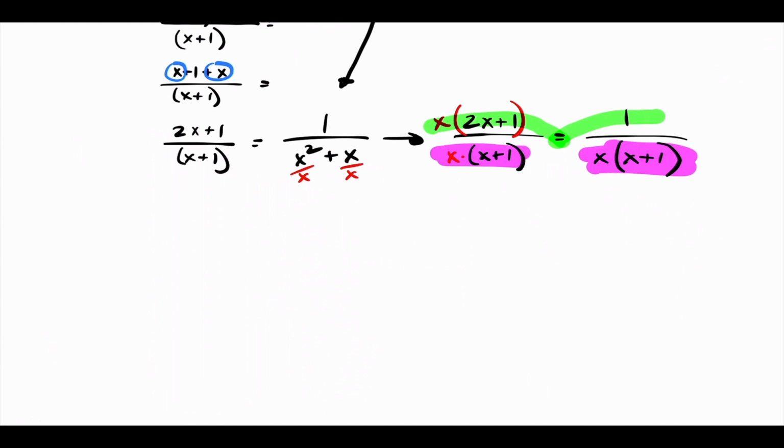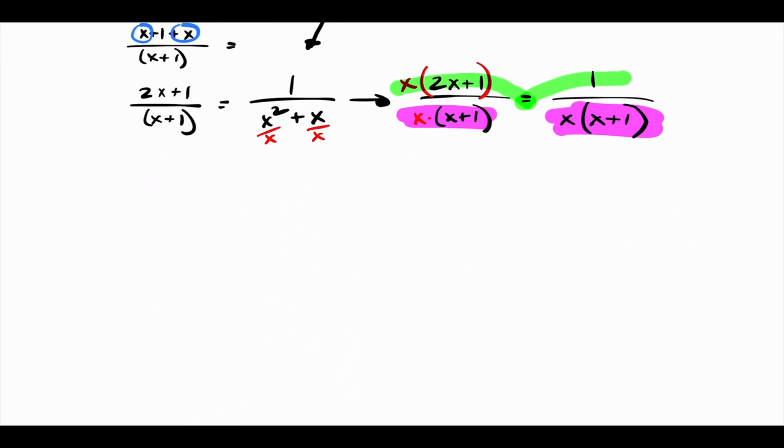Okay, so now let me write the denominator. X, 2x plus 1 equals 1. That's the top. Bottom's already the same, so I don't have to worry about that. Okay.